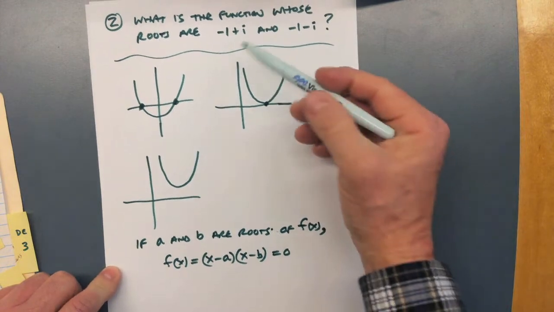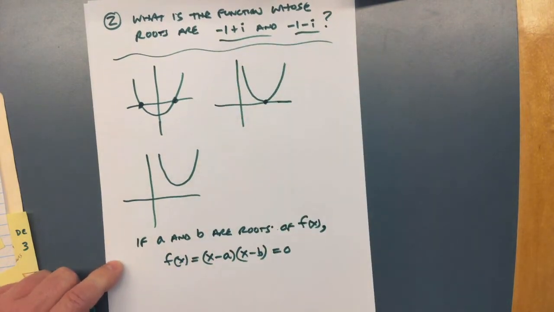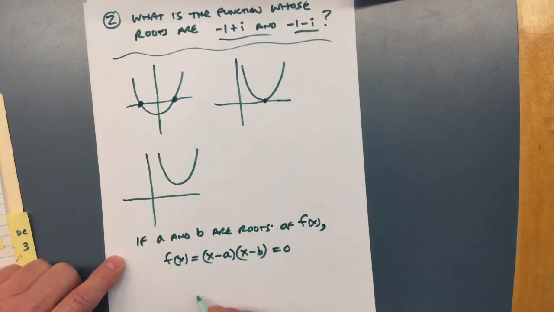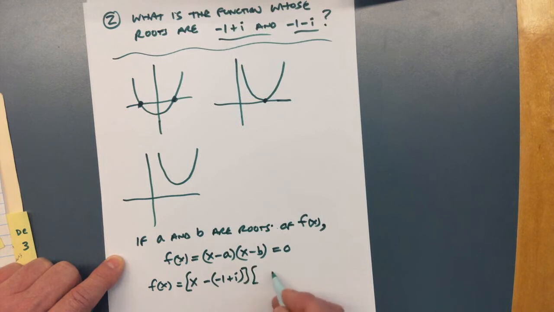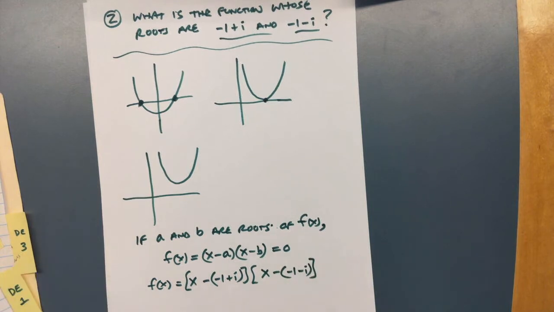And if we're saying these two are roots, then we can assign one of those as a and one as b. So we would get f of x equals x minus (-1 plus i) multiplied by x minus (-1 minus i). And what is that? That's x plus 1 minus i times x plus 1 plus i.